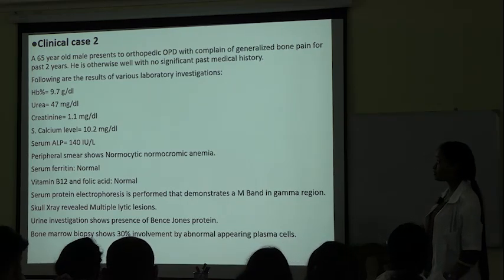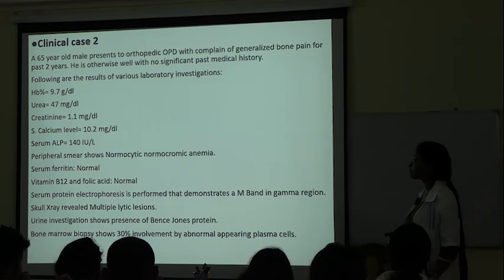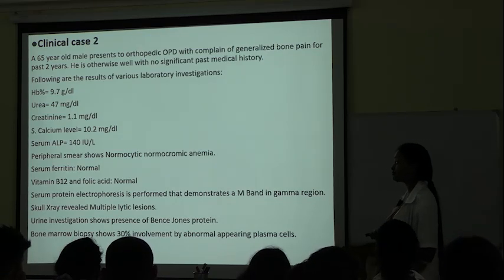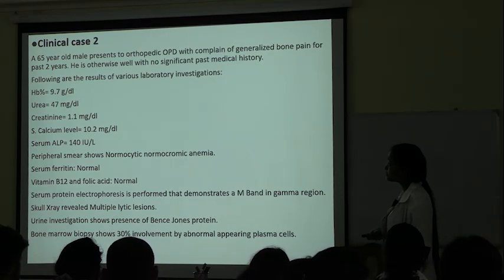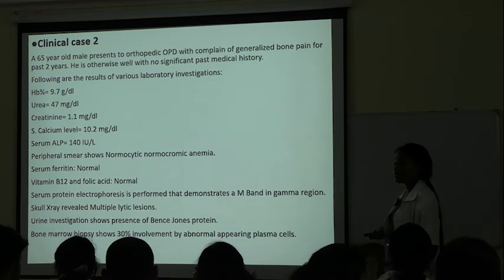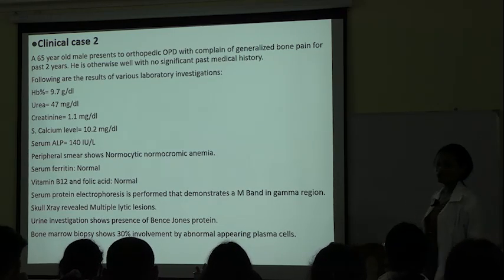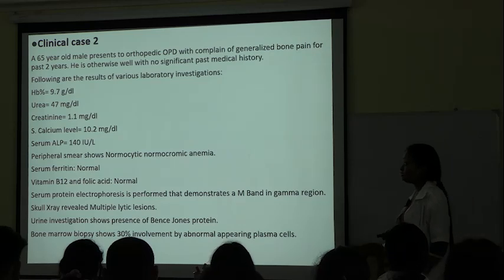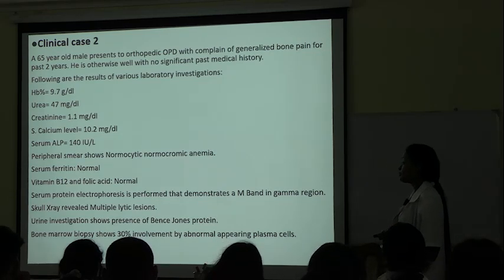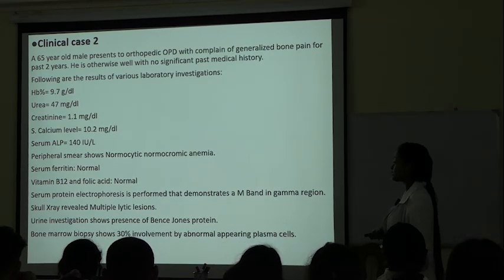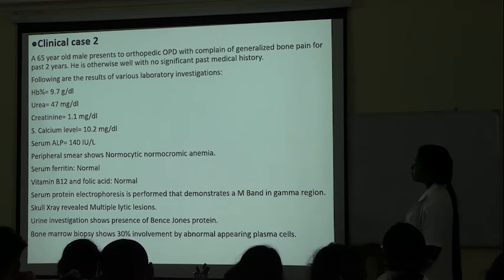Hemoglobin 9.7 gram per deciliter, urea 47 milligram per deciliter, creatinine 1.1 milligram per deciliter. Serum calcium level is 10.2 milligram per deciliter, and the serum ALP is 140 international unit per liter. Peripheral smear shows normocytic normochromic anemia, and the serum ferritin is normal, vitamin B12 and folic acid are normal.